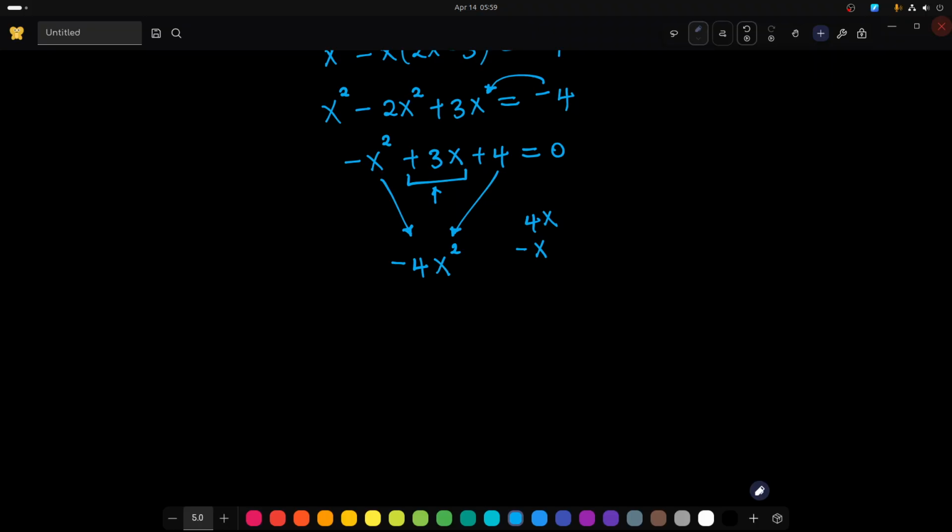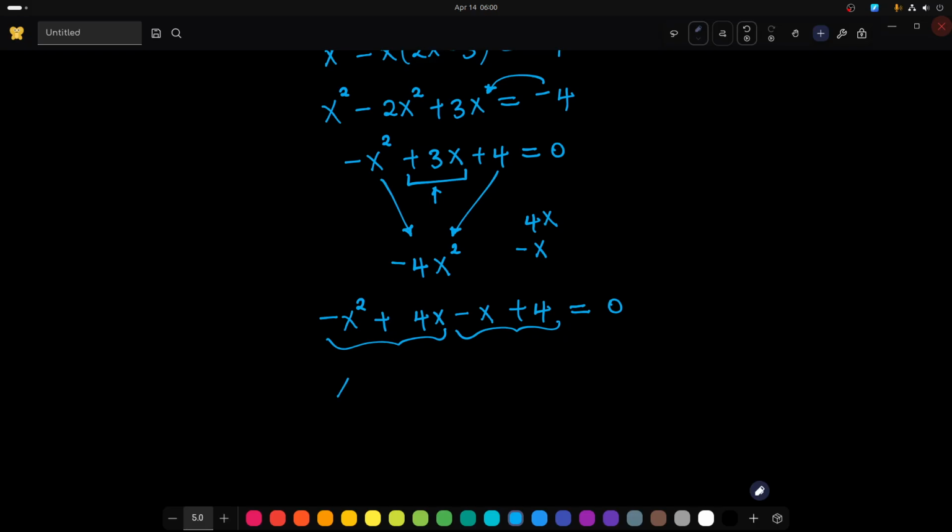So our middle term becomes 4x minus x, plus 4. On this side, we have the negative x squared. This is equal to 0. Let's take these terms in pairs. So the first pair is this, and the second pair is this. In the first pair, the common factor is x.